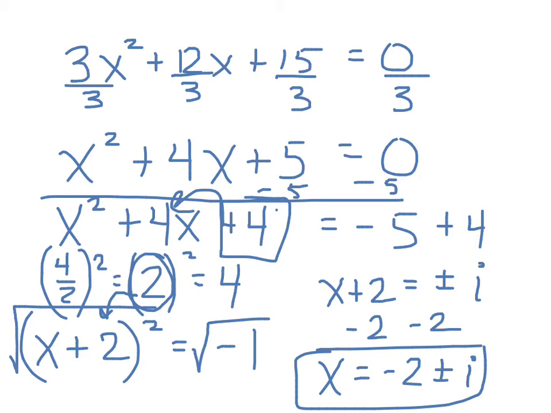Then on 11 through 20, it says find the value of c that makes the expression a perfect square. This is number 11. So what they want you to do here is they want you to go through the b divided by 2 process. What number is in the b position? 10.